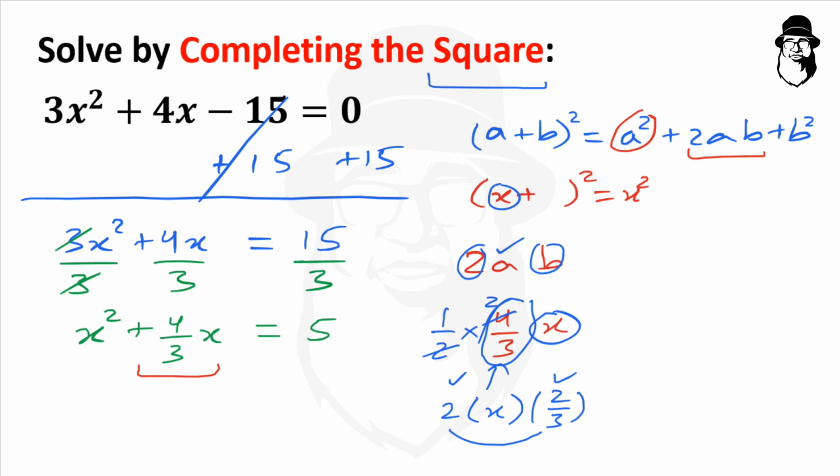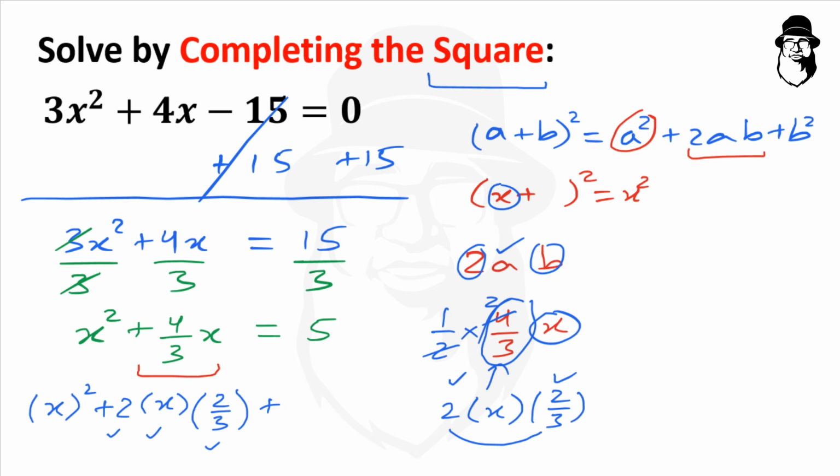So on the left side, we can write it as the formula: x squared plus 2 times a times b. Now we know this is 2, this is our a and this is our b, and in the end it's b squared.